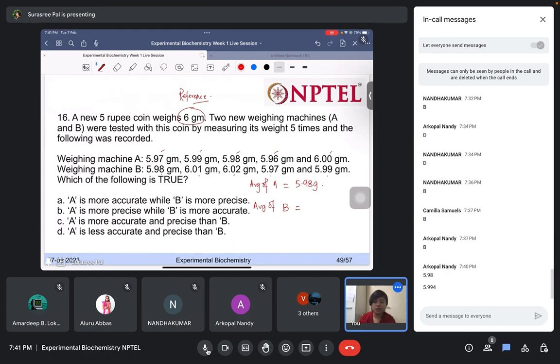Yes, good. The average of the measurements in weighing machine B comes to 5.994.